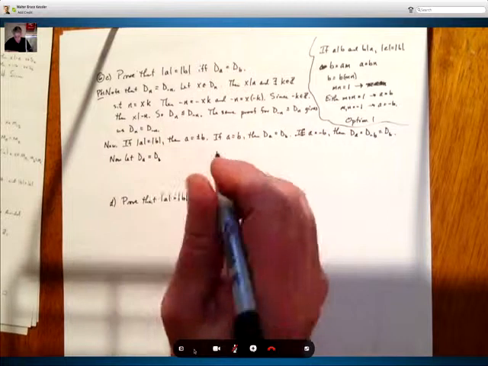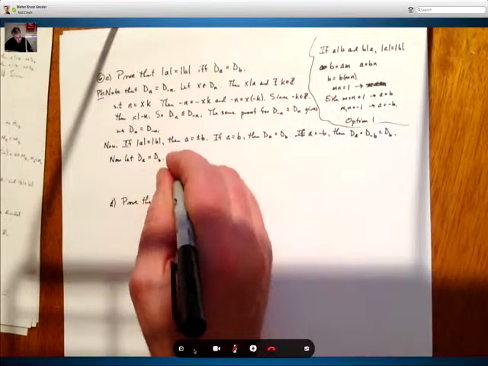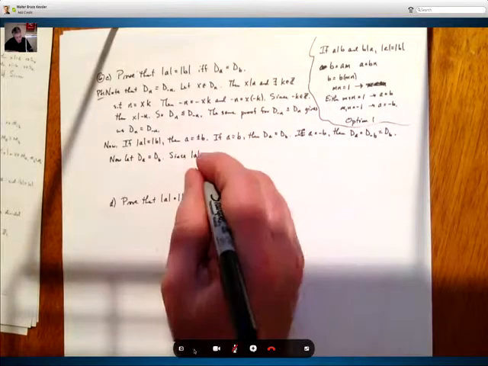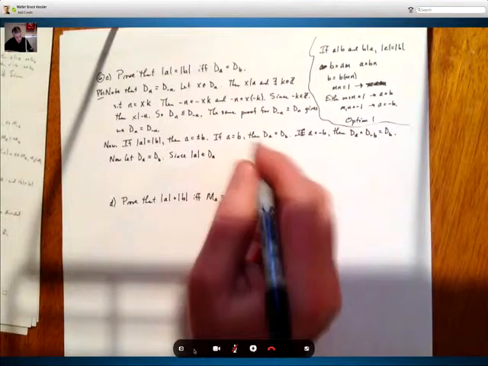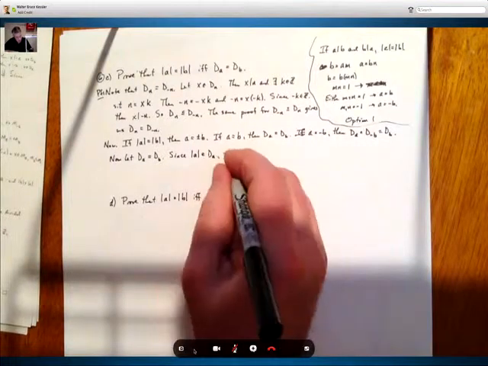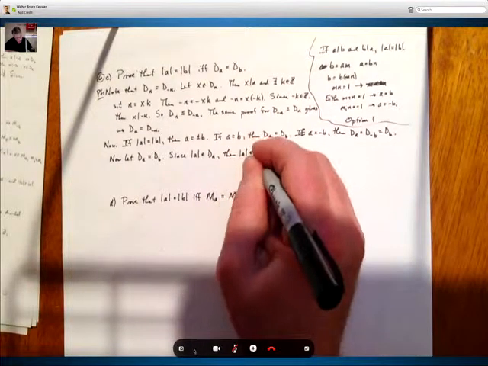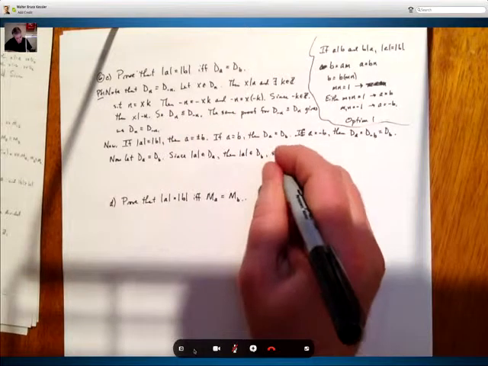So now let's go the other way. Suppose dA equals dB. Since the absolute value of A is inside of dA, then the absolute value of A is in dB.